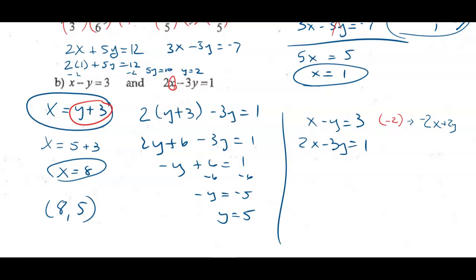But don't forget, you can also multiply it 3 equals negative 6. I don't have to multiply this one by anything. I can keep it exactly as it is. Then my x's will cancel. And I get negative y equals negative 5, y equals 5. So either way, I get the same answer.